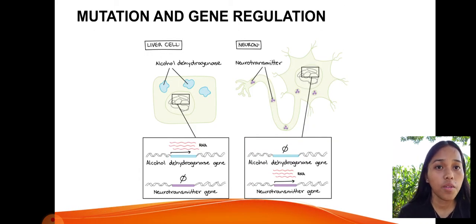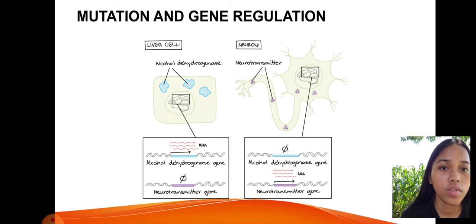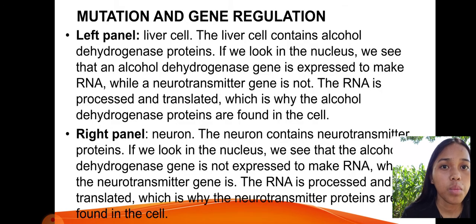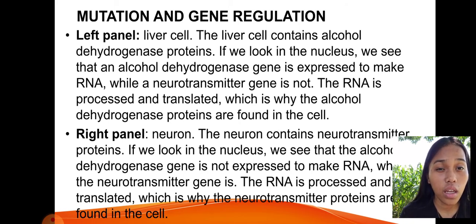These are the liver cell and neuron. There is a left panel. Left panel, liver. The liver cell contains alcohol dehydrogenase proteins.